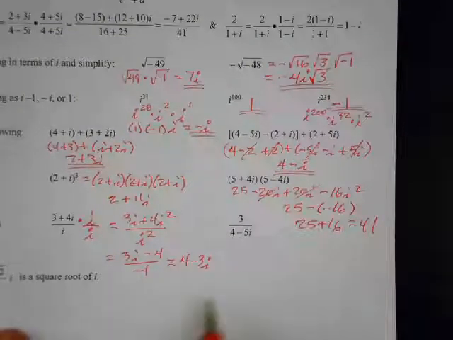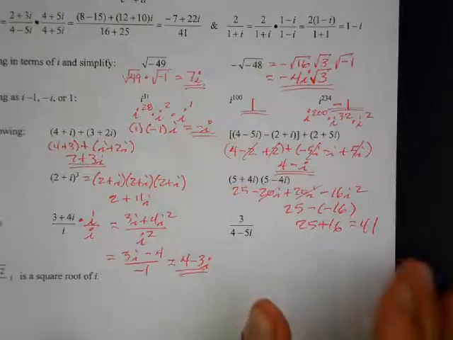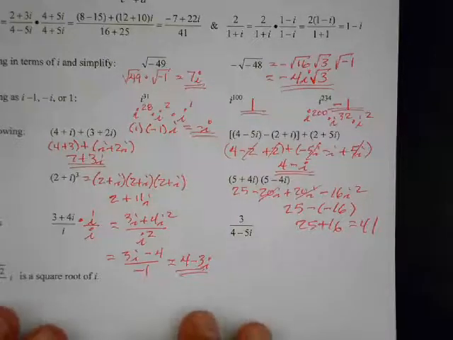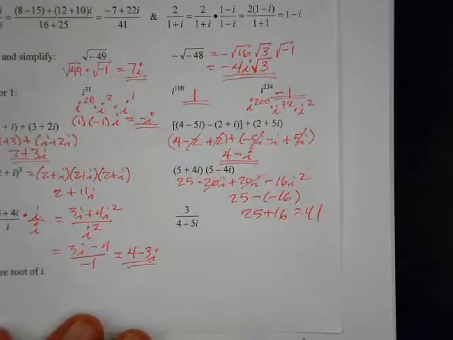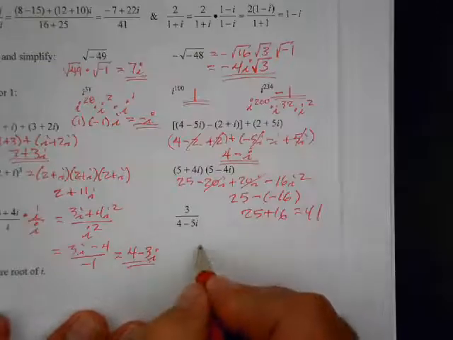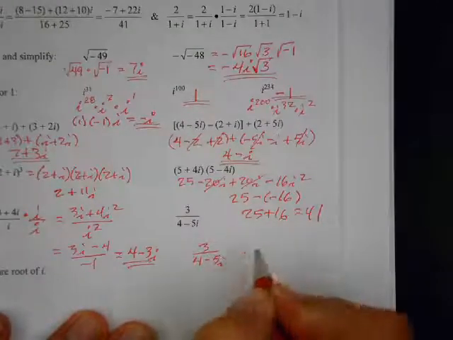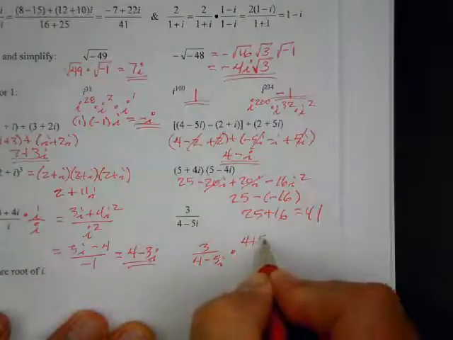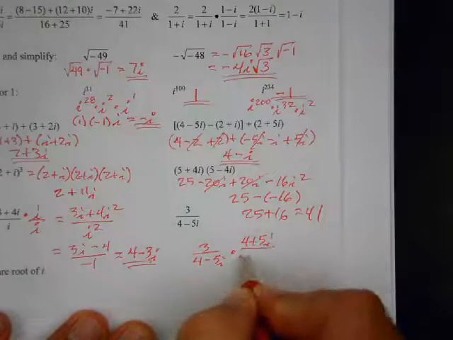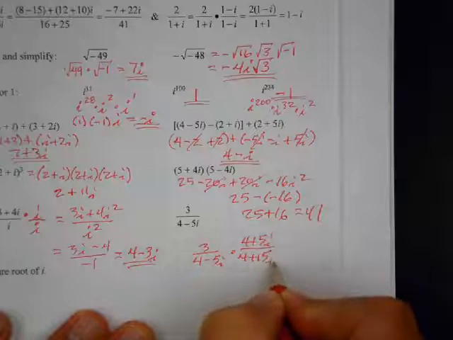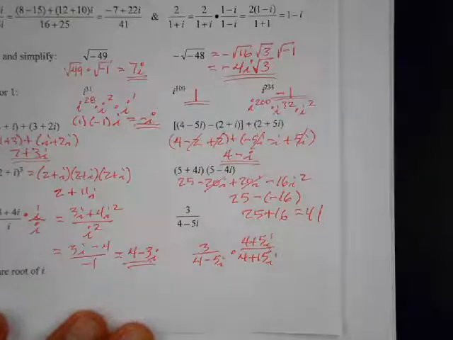Now in the second one, we need to use the complex conjugate. So 3 over 4 minus 5i times 4 plus 5i over 4 plus 5i. Now, we've already done the 4 minus 5i and the 4 plus 5i's. We did them right above.